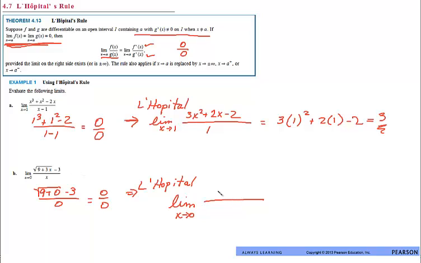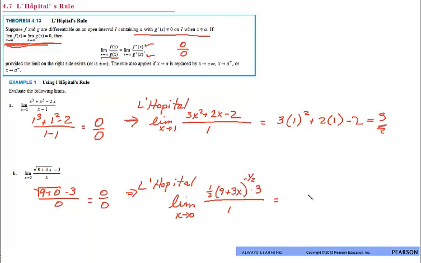Derivative of this, the 1/2 comes out front. Then I leave the inside alone, plus 3x to the minus 1/2, times the derivative of the inside. Derivative of the inside is a 3. That constant term drops, and then this would be a 1. Oh, that makes it nice, doesn't it? So I can just do direct substitution because I'm not going to have anything in the denominator, 3 times 0.